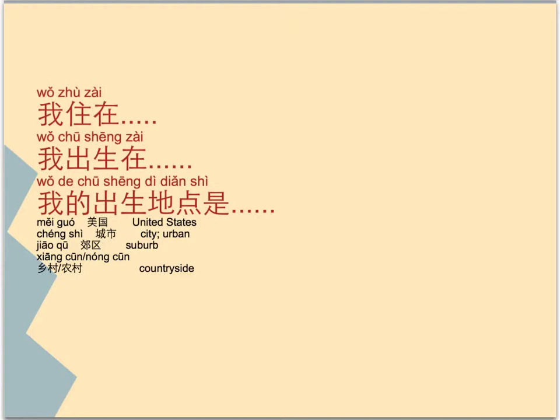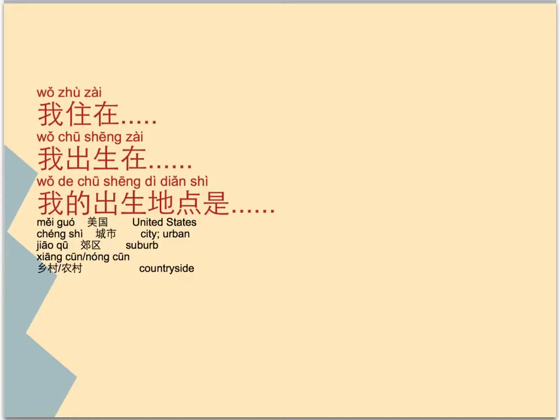You say 我出生的地点是 Hawaii. 我出生的地点是美国佛罗里达. Okay, the following are some words you might be able to use in the future. 美国, United States. 美国城市.